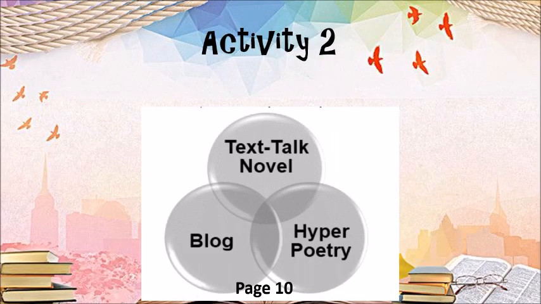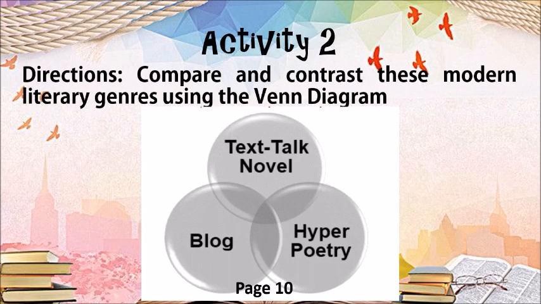Next, on page 10, activity number 2. Compare and contrast these modern literary genres using the Venn diagram. You will see the Venn diagram on page 10. You are going to compare the text talk novel, the vlog, and the hypertext based on your understanding of our lesson.